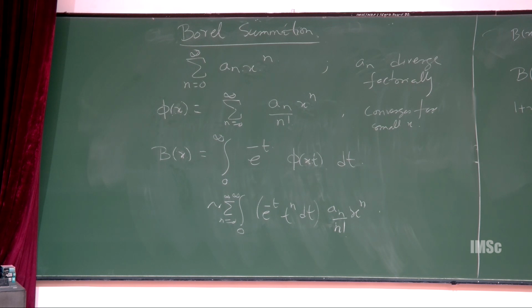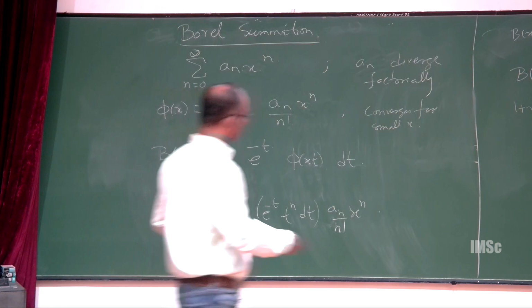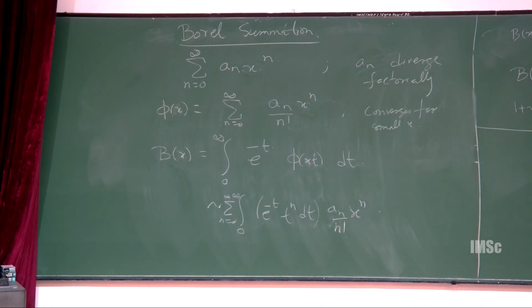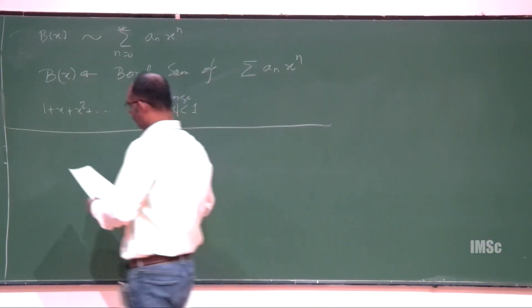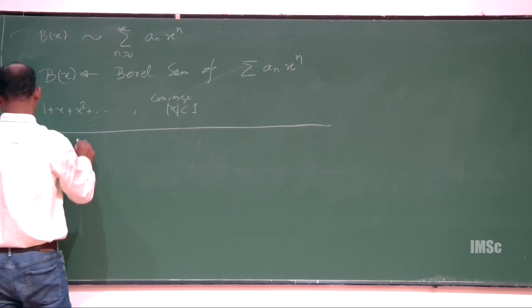Okay, so now we are able to give a function which we can claim is the sum of this divergent series. Okay, so that's where we are. So now what we are going to do later in the lecture, I will make a slight modification.